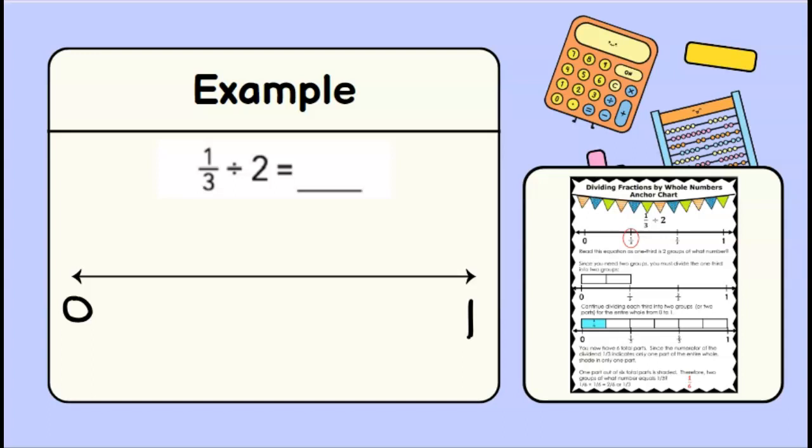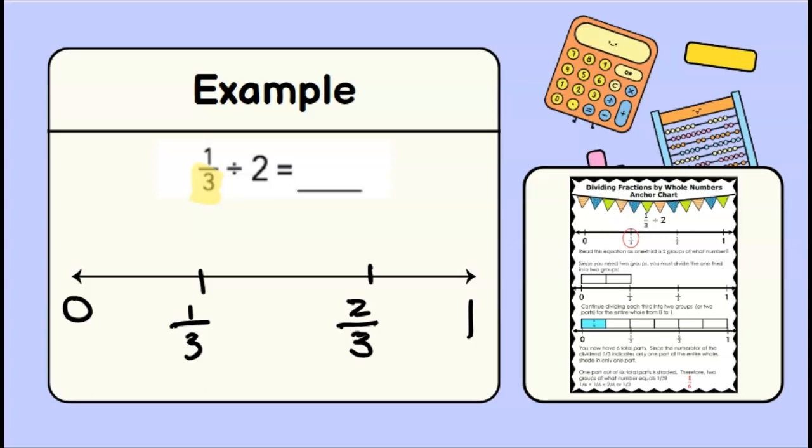I'm going to look at my denominator, and I'm going to divide my number line into that many parts. So since my denominator is 3, I'm going to divide my number line into 3 parts, creating 1/3, 2/3, and then when I get to 3/3, obviously since it's 3 over 3, that would be considered 1.